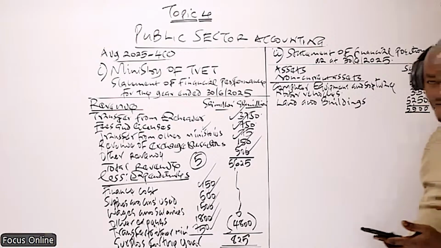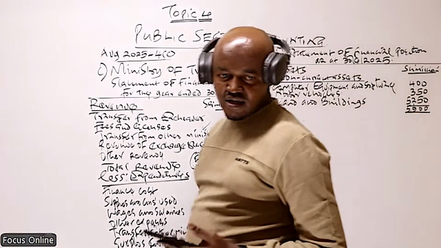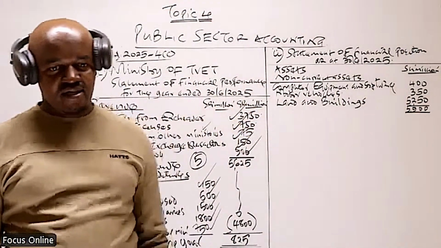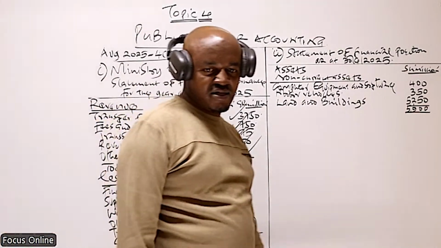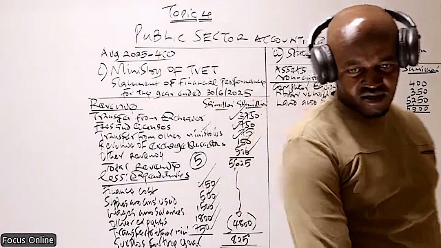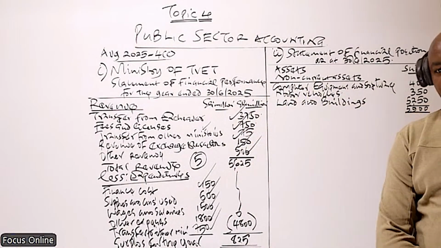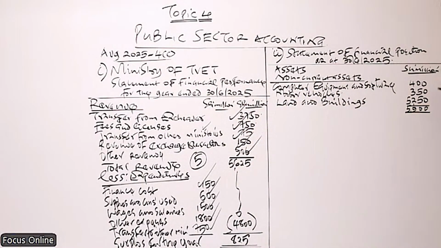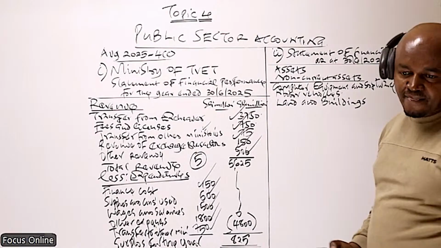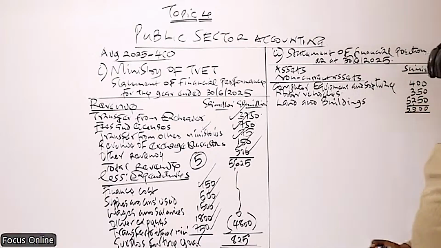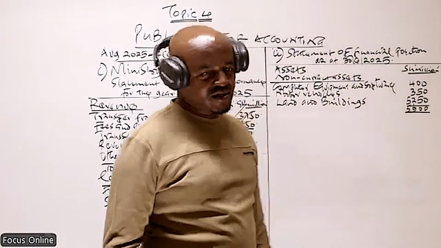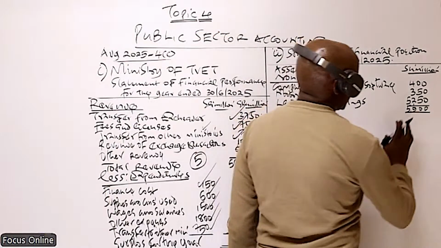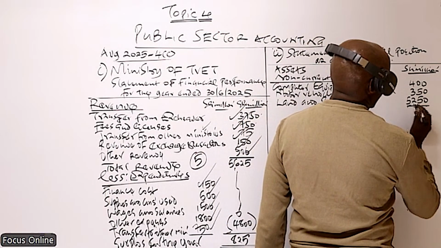Are you getting 59 as the total non-current assets? Felix, are you getting 59? Oh, sorry, this one should be 6,000.